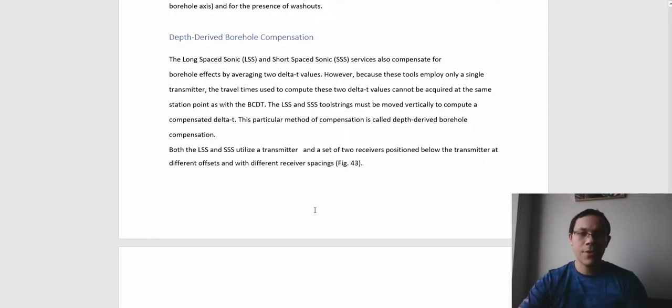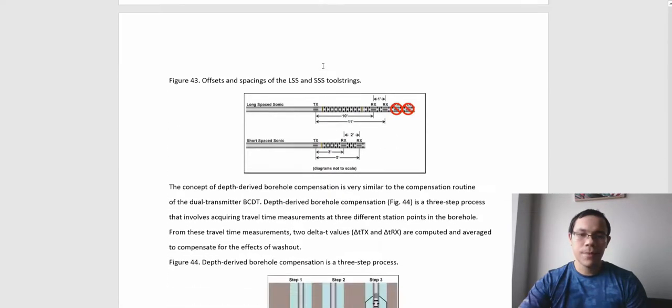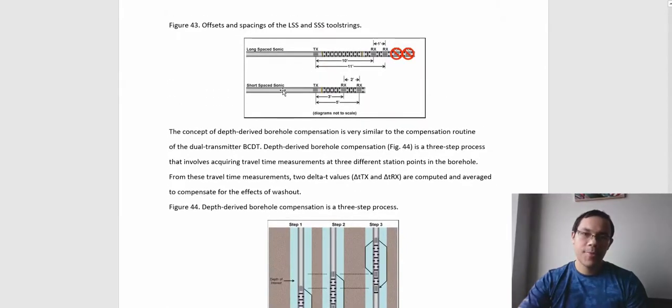There's another method for compensating when you're using a long spaced sonic and a short spaced sonic. This is what we mean by long space and short space sonic, these distances.